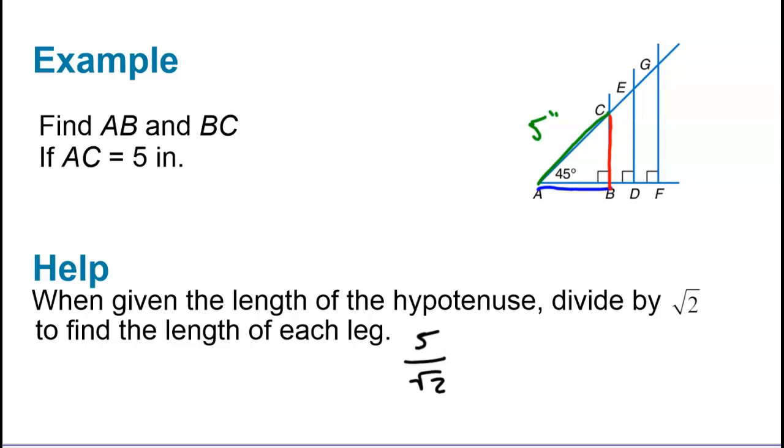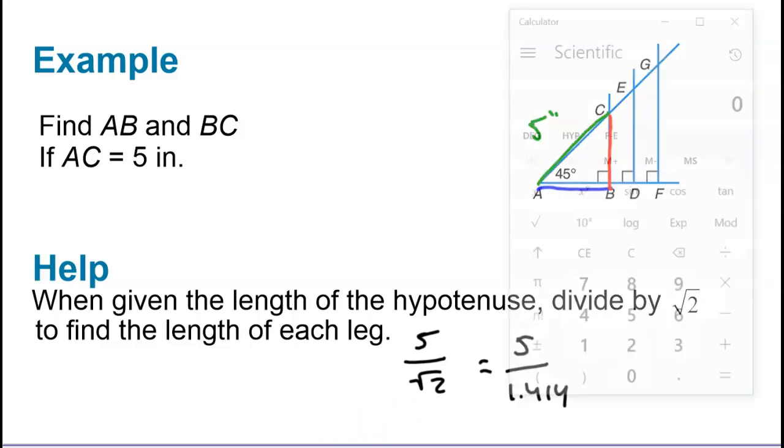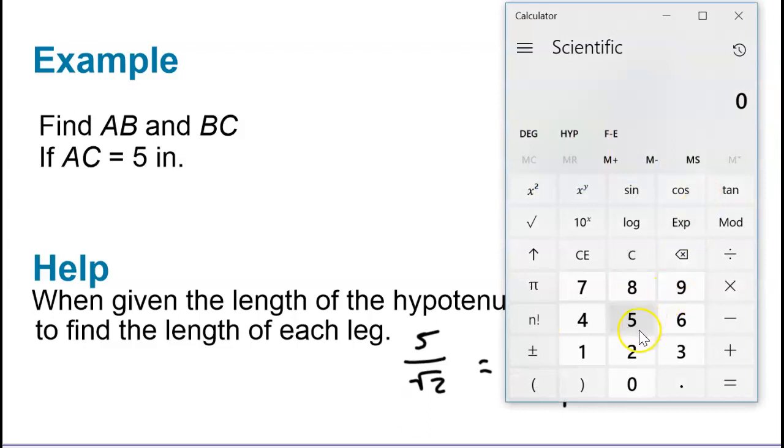And remember, we said that the square root of 2 was about 1.414, so 5 divided by 1.414. And maybe what I should do is just go ahead and make sure that everybody understands what I'm doing. So the square root of 2 is 1.414.